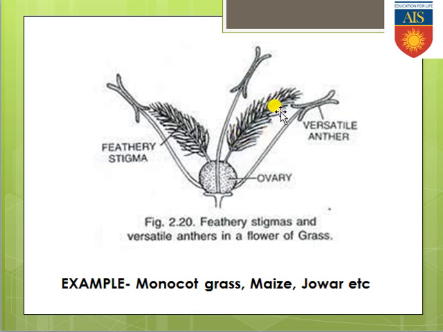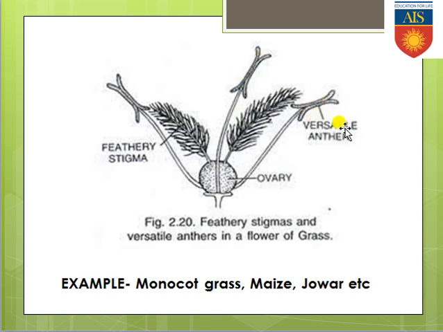Due to the presence of this feather-like structure, when the pollen grains are moving in the air, they accidentally get associated with the surface of these feathers present on the ovary. So due to the feathery stigma, it can capture the pollen grains from the environment directly, and these are the anthers.